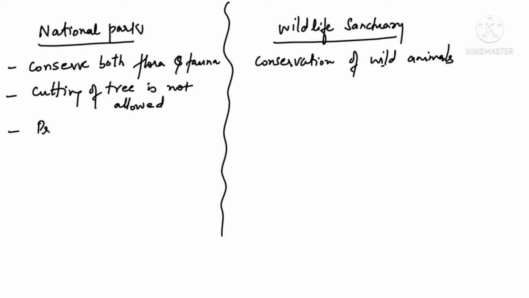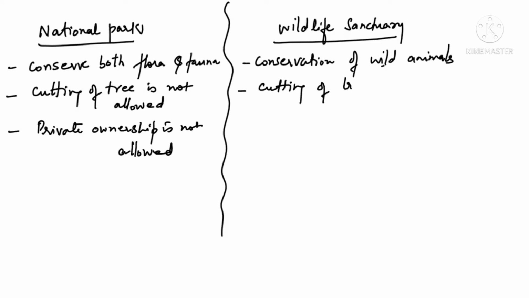It means private ownership will also not be allowed. But in the wildlife sanctuary, we are focusing only on saving animals, so the cutting of trees and felling of woods and all these things will be allowed. So cutting of trees is allowed, and as a result, private ownership is also allowed here.